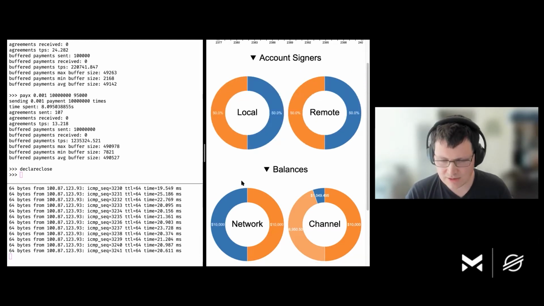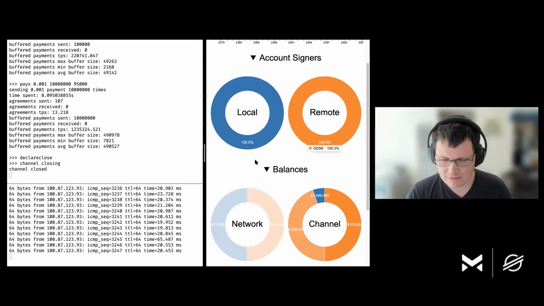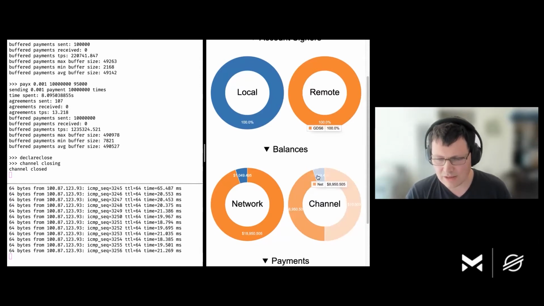These should update. Okay, so our signers have updated. There we go, and the balance is updated. Great. So yeah, we can see that the balance of the network now matches what the balance of the channel was. And we can also see the signers.